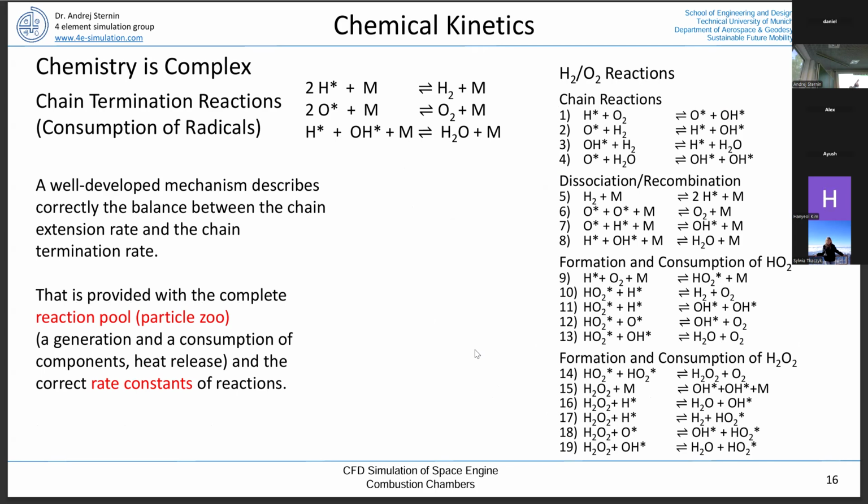It could be that we have two radicals and a colliding partner who takes energy out of those two, consuming it, and says, no, I'm taking it over, and you become a stable molecule. So that would be what we call chain termination.